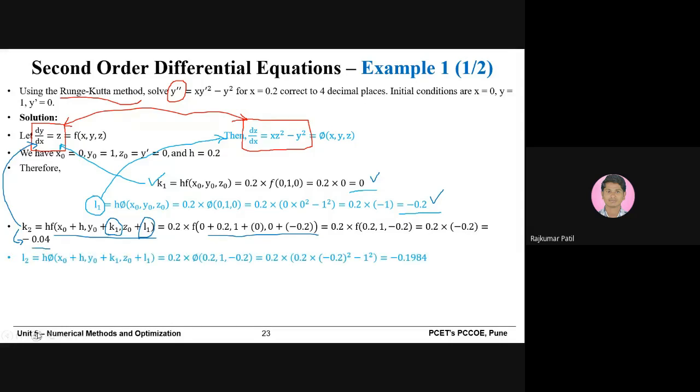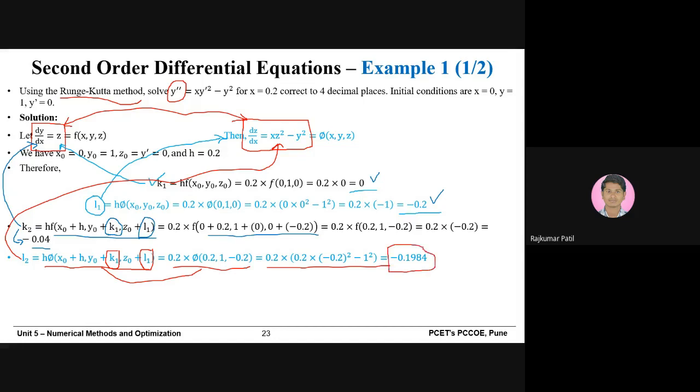Similarly, you can calculate L2 as it is related to your second equation, that is dz by dx is equal to xz square minus y square, and this is the equation for L2. And again here you can see k1 and L1. So put all the known values, simplify, and you will get L2 as minus 0.1984.